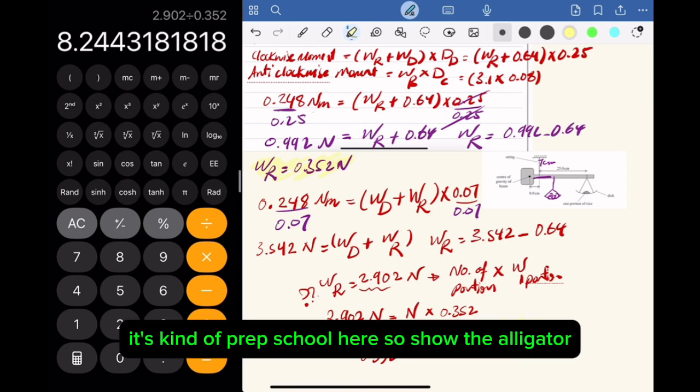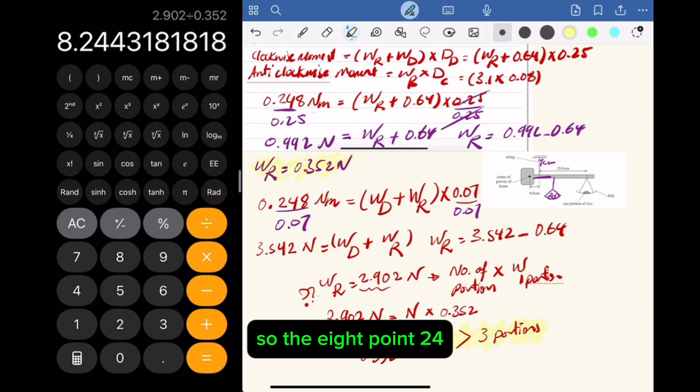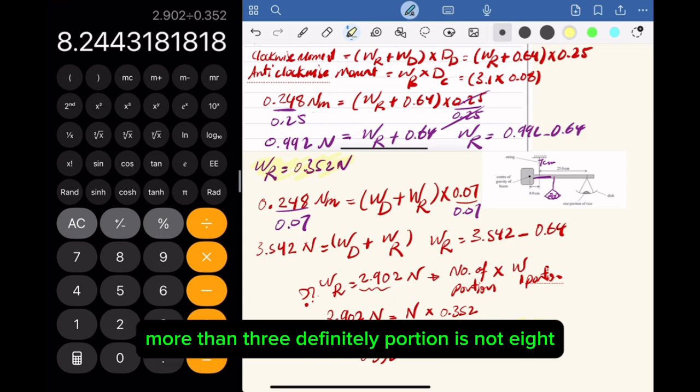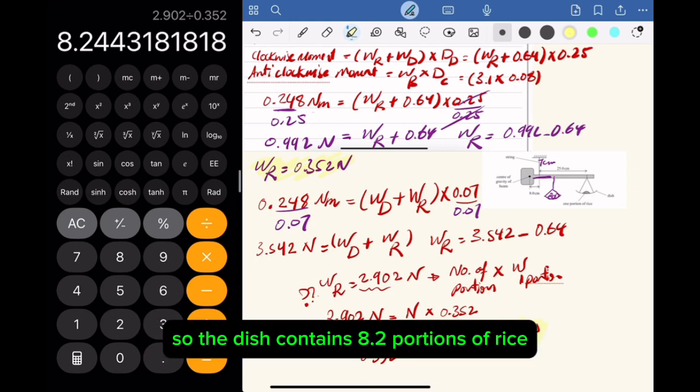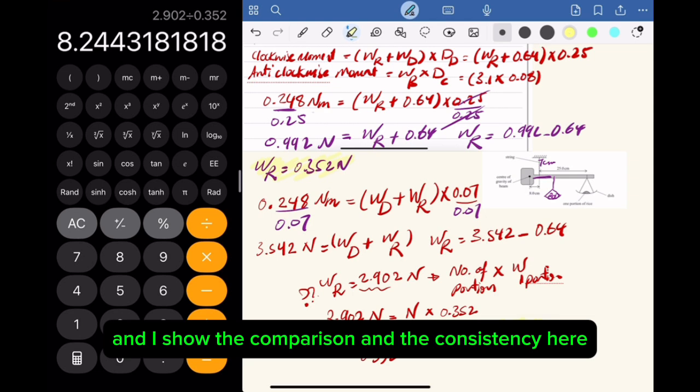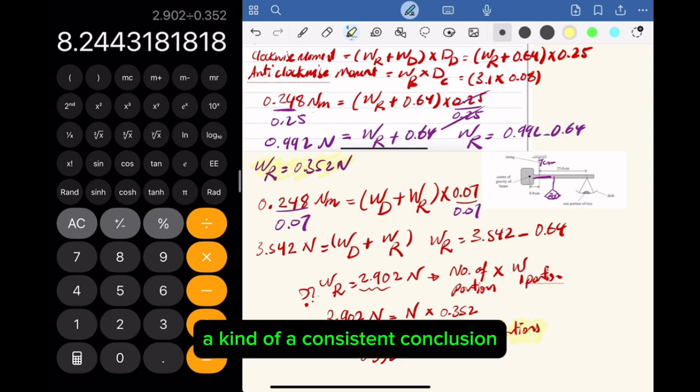So show the comparison: 8.24 is definitely more than 3 portions. So the dish contains 8.2 portions of rice, and I show the comparison and a consistent conclusion, and I get 6 marks.